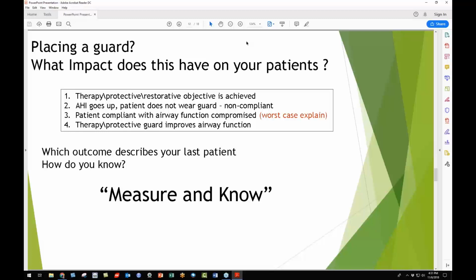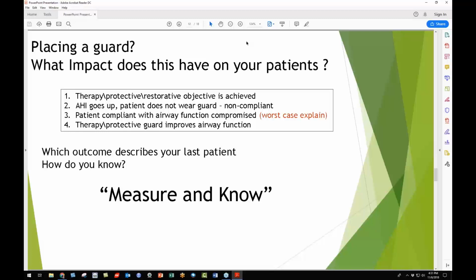Okay. Point number 2, and this is the possible outcome. The AHI goes up, and what's the most common outcome of a guard that worsens the functionality of the airway, and therefore makes the patient sleep less efficiently?